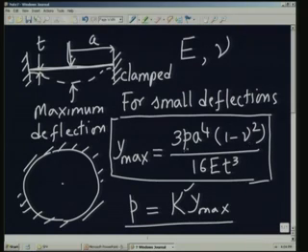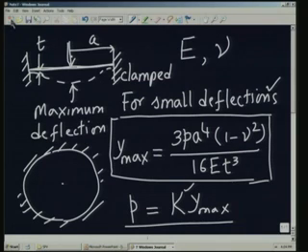A and T are the geometrical parameters, the radius and the thickness, and the Poisson ratio and the Young's modulus are the physical properties of the material. They combine together to determine the value of k. And this is a linear relationship that is going to hold good under the assumption of small deflections. Therefore, I can use this expression as long as the deflection is very small. So, let us remember that.